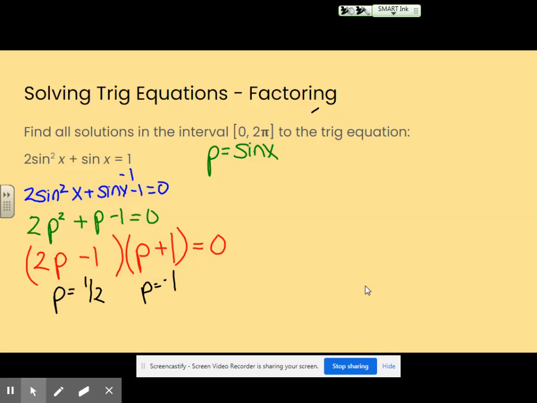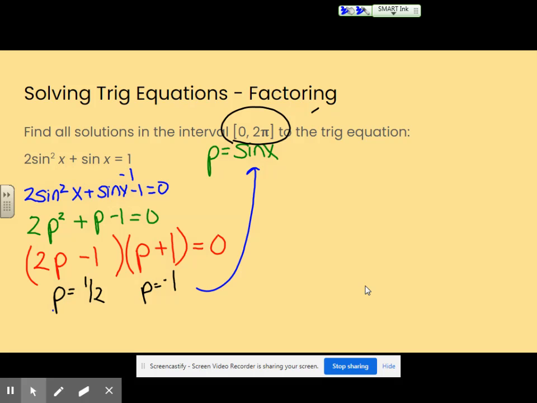Which is cool, but I wasn't solving for what p is. I want to know solutions of x in a specific interval, 0 to 2 pi, that's going to make this statement true. That's when we have to go back and reinsert our function into sine x.